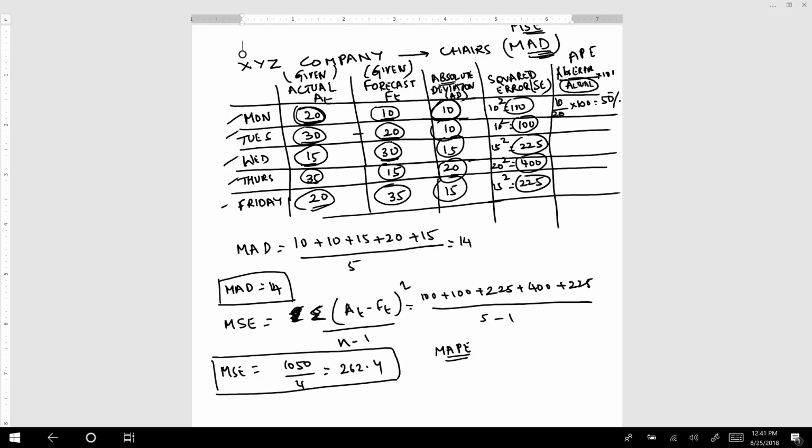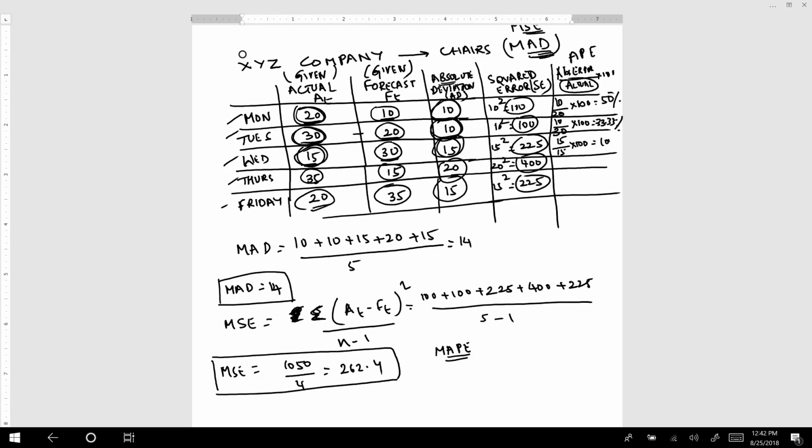Right, so absolute percentage error is how much percentage error you made during each time period forecast. So here I forecasted 20 and the actual value turned out to be 30. So absolute error is 10 divided by the actual value 30 multiplied by 100. So this is going to give me 33.33%. So third one, I made an error of 15 and the actual value turned out to be 15 multiplied by 100.